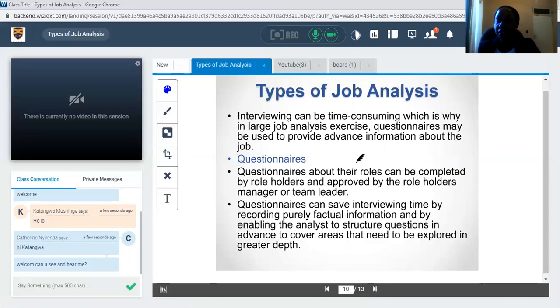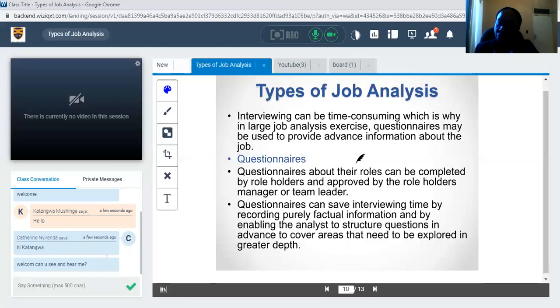Questionnaires are administered about the roles that are to be completed by the role holders, and then they are approved by the role holder's manager or team leader. So before this is administered, the supervisor is consulted to make sure that they approve of the questions that have been constructed.